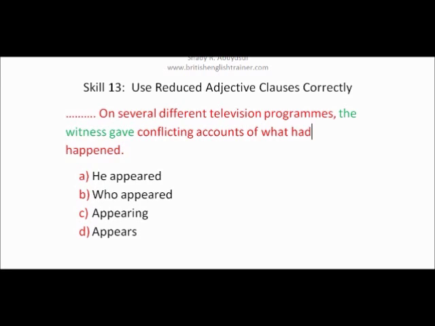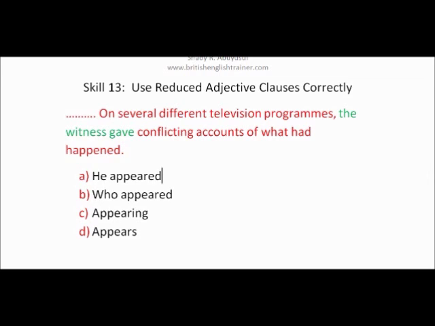Can we say he appeared? No, it's impossible. Because if we said he appeared, that would be a clause, because he is a subject. Appeared is a verb. So someone might ask, what is the problem if we have subject and verb in the first part and then subject and verb in the second part? Because in this case we will have 2 clauses without a connector, and that's a big mistake.